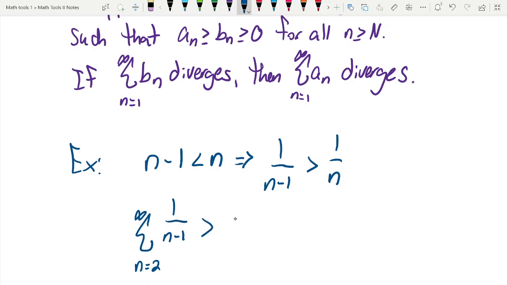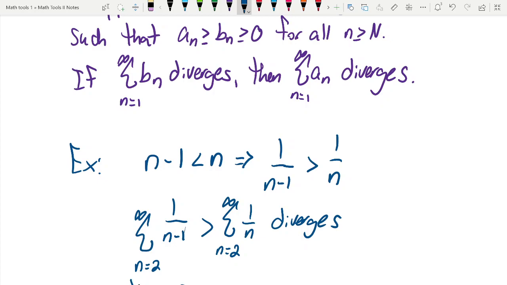We know that this series over here diverges. We've already seen that, meaning that it's going to infinity. So if this one is larger than something that's going to infinity, then it must also go to infinity.